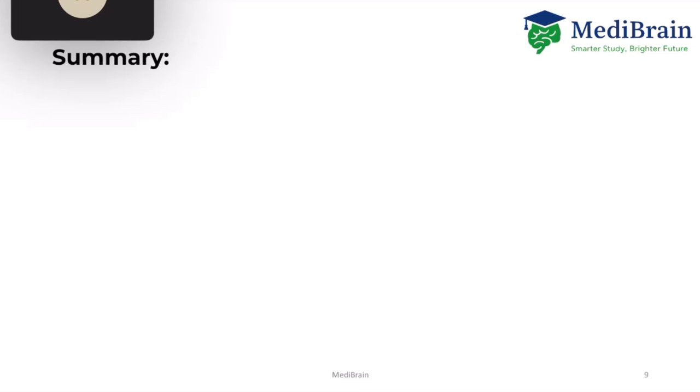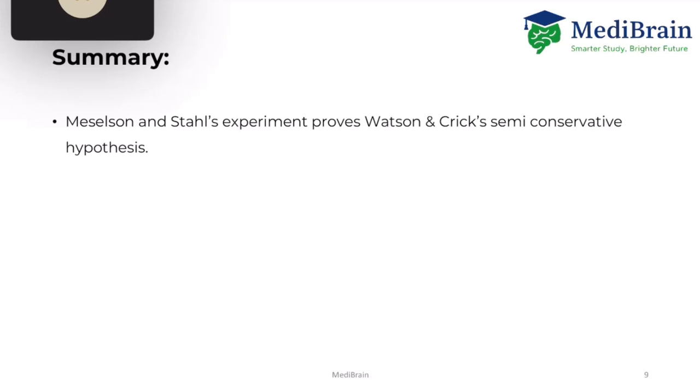Okay, and just a quick summary. Meselson and Stahl's experiment proves Watson and Crick's semi-conservative hypothesis. Remember, Watson and Crick hypothesized that DNA replication can either be semi-conservative or conservative. However, they never got to an answer.